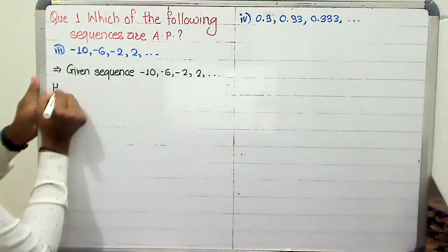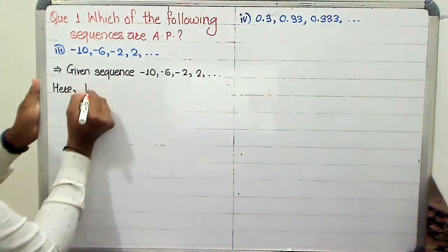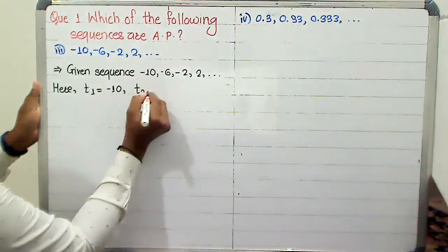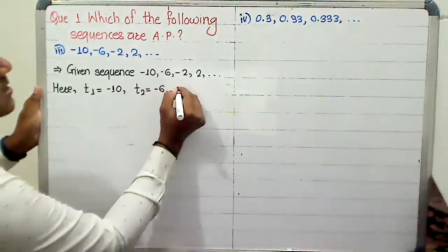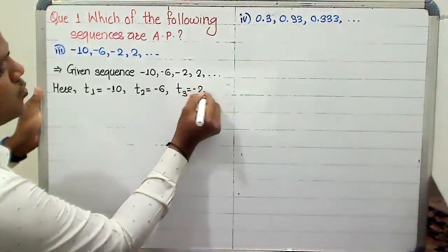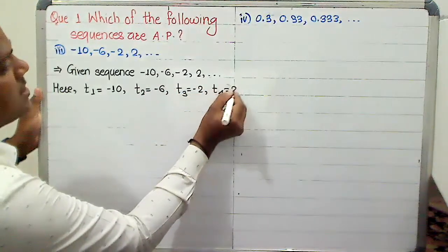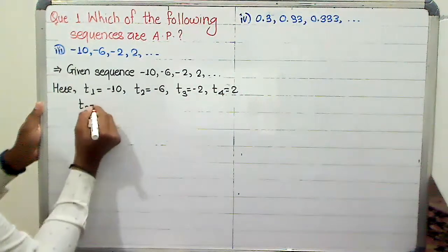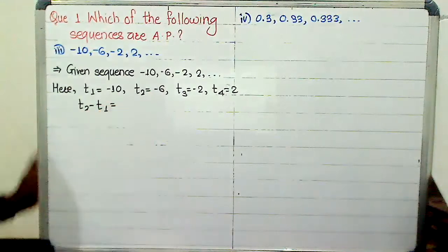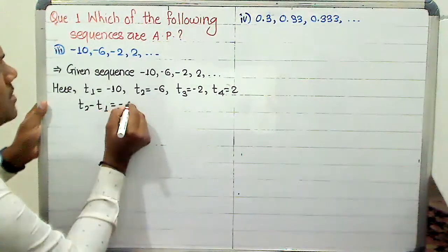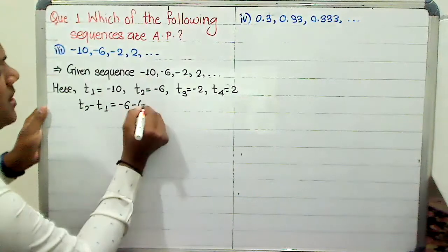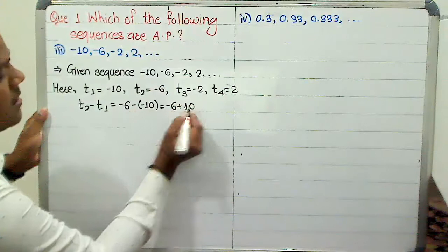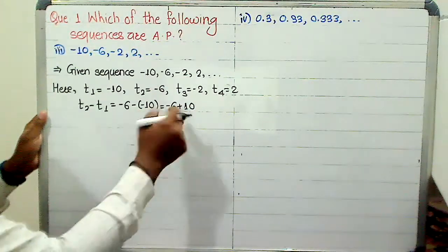Here T1 is minus 10, T2 is minus 6, T3 is minus 2, and T4 is 2. Now, T2 minus T1. T2 is minus 6 minus T1, which is minus 10. So minus 6 minus minus 10: minus minus will become plus. So minus 6 plus 10.